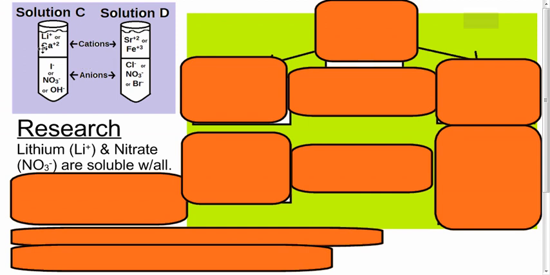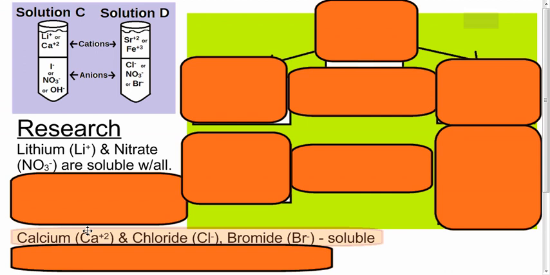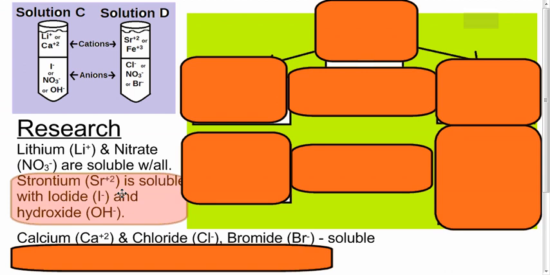Then I need to check how soluble calcium is, and how soluble strontium and iron are with these anions. And I figure out that calcium chloride and calcium bromide are both soluble. And strontium is soluble with these two things. I've already established that calcium is soluble with nitrate, as is strontium.